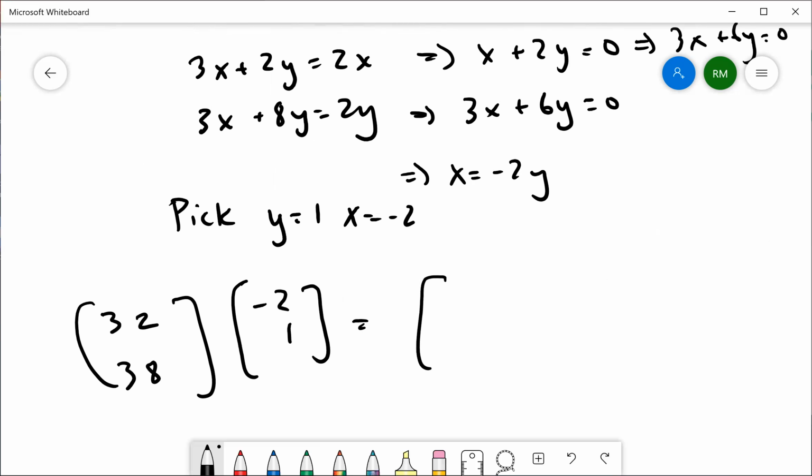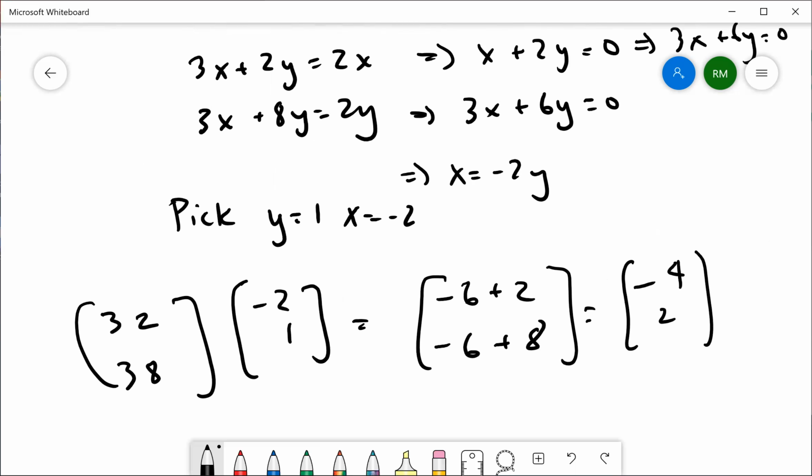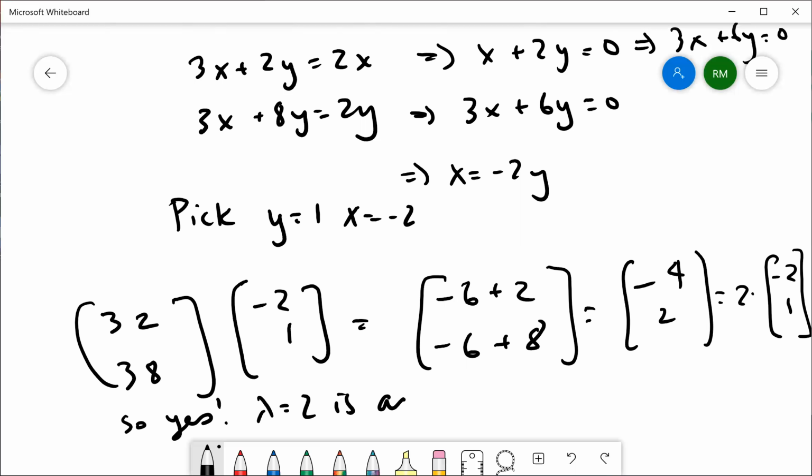And if I multiply it out, I get -6 plus 2, -6 plus 8 is -4, 2, which is 2 times our original vector. So yes, 2 is an eigenvalue of our matrix.